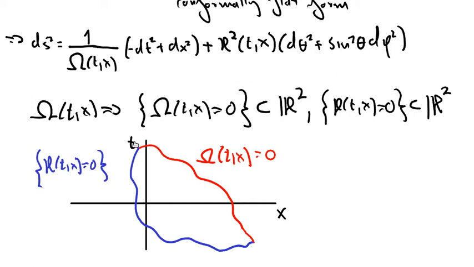These are just regions in which the metric is not defined, and so our spacetime will be defined outside those regions.